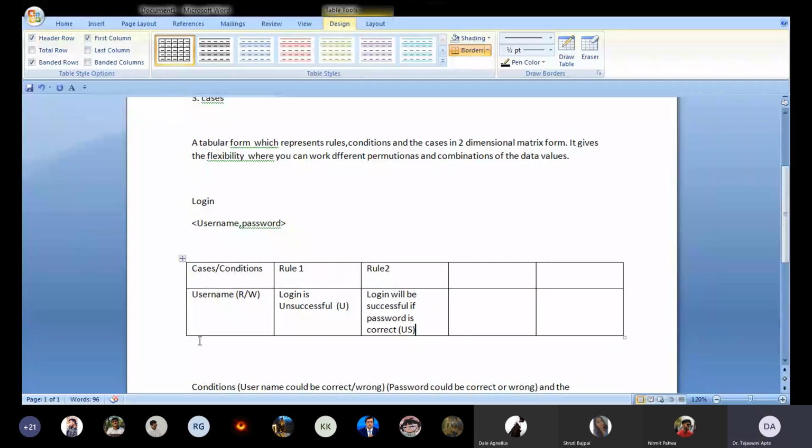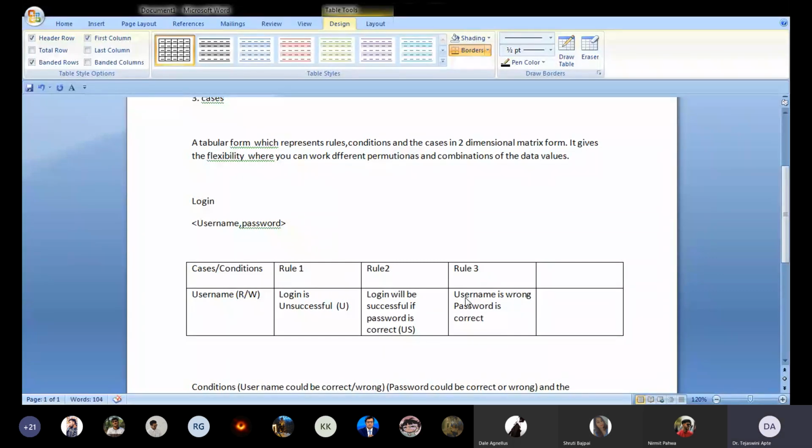Rule 3 could be username is wrong and password is correct.